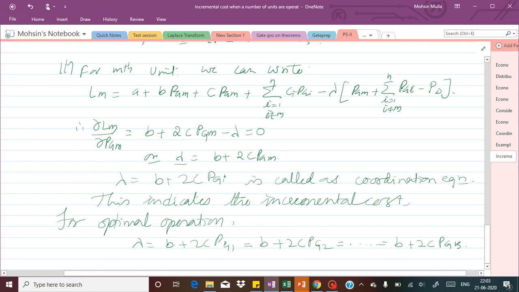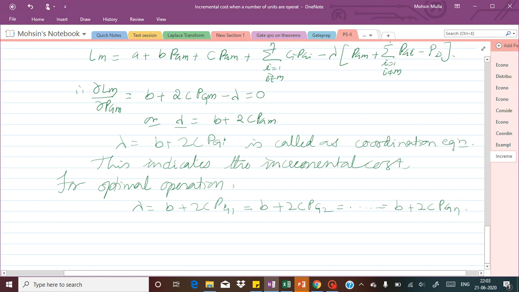As many generating units as there are, you can write up to the nth unit also. So this is the condition for economic operation of a plant containing a number of units.